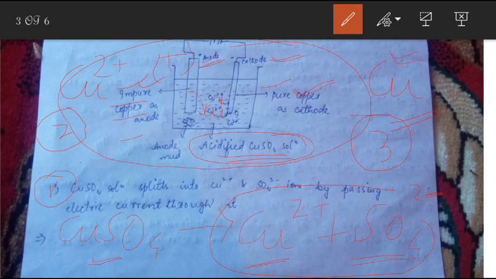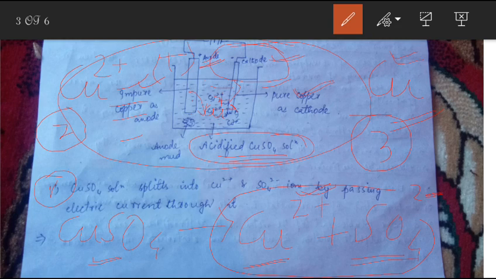This copper ion, Cu2+, will move towards the cathode because it is positively charged. It is a cation, and a cation, or positively charged ion, always moves towards the electrode which is negatively charged. The copper ions will move towards the cathode.